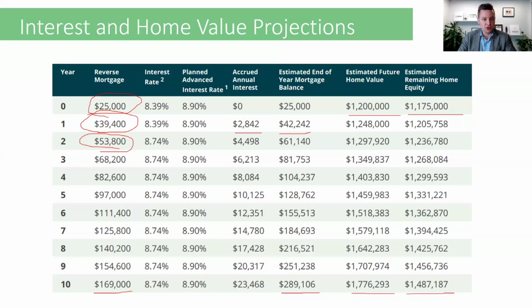But in the reverse mortgage situation, let's say that it started off at $25,000 and the home was worth about $1.2 million. If that mortgage loan was continuing to accumulate and increase over time, you can show that the amount of interest that accumulated in year one was about $2,800.